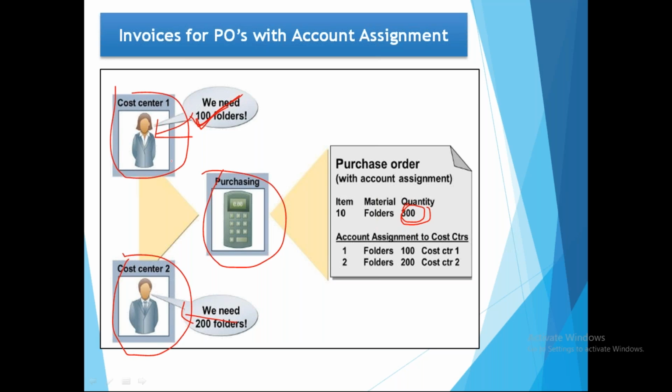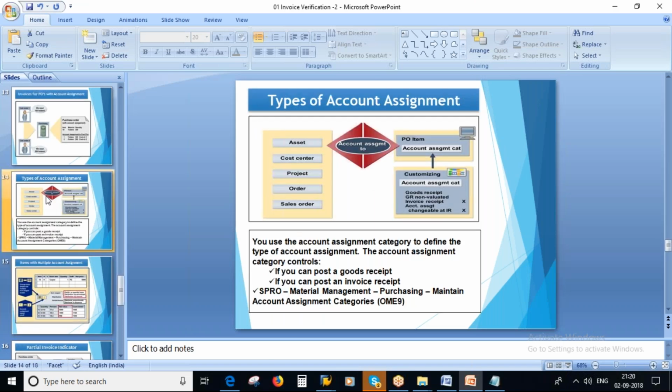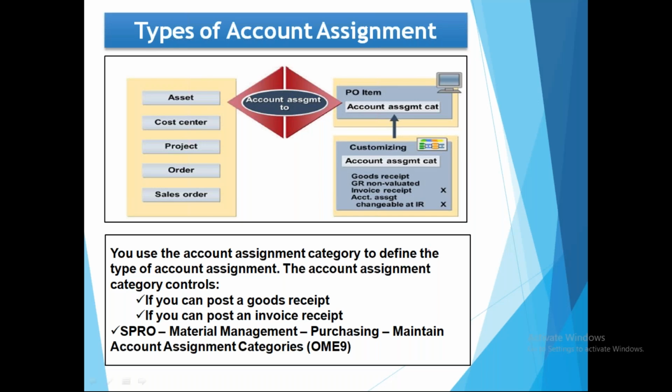So when you create the purchase order, this account assignment you can do to the different cost centers. From here, when you do the invoice verification, you have the option of changing the quantities and cost centers in the invoice verification. Okay, so I'll show you that. We already discussed different types of account assignments. Try to recollect our purchasing classes.